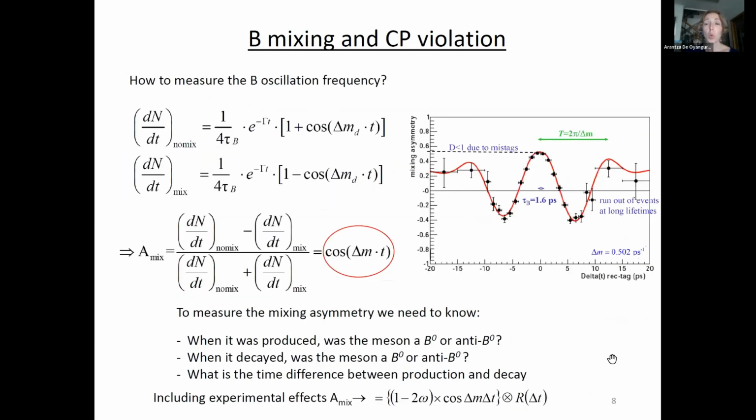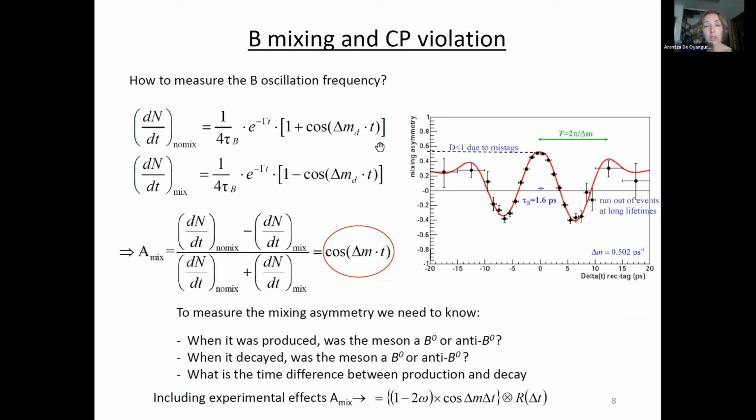Let me explain a bit how we measure this oscillation frequency for the different systems. The formulas give the number of events that you expect not mixing, that are not changing flavor, not becoming antiparticle, as compared to the ones that are mixing.